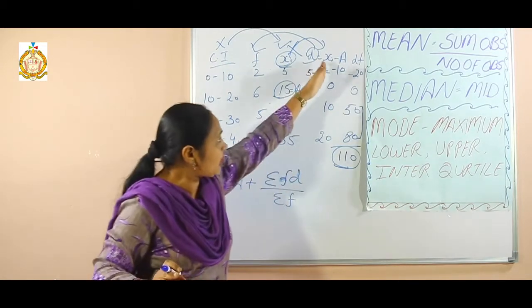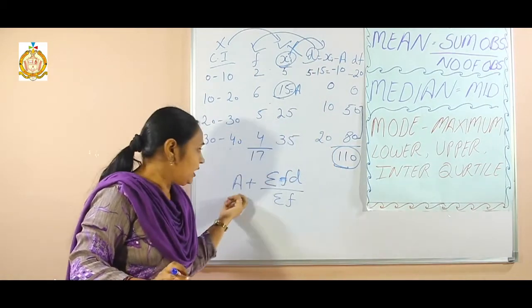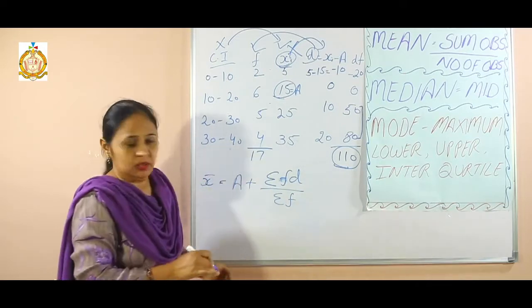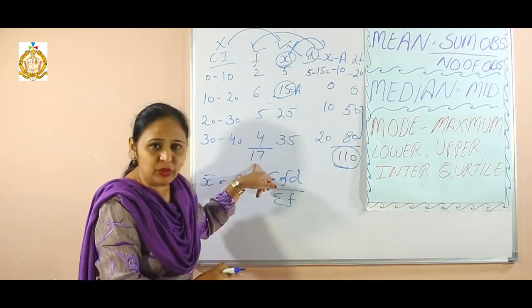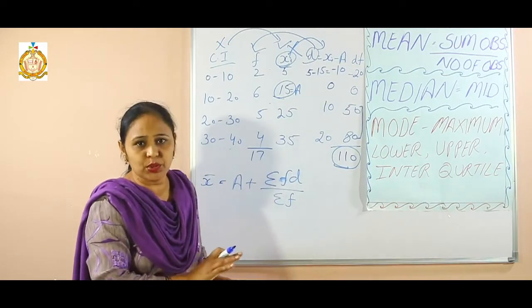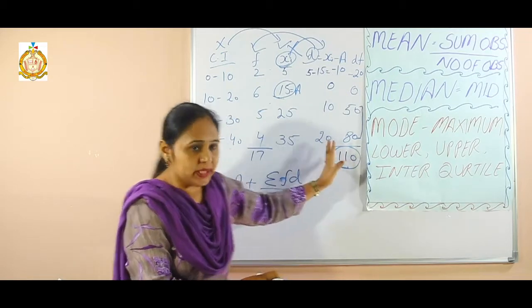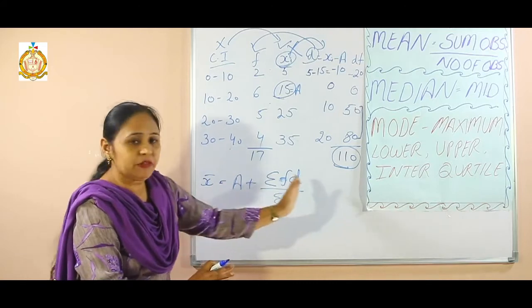That's why, because I subtract A from each number, at the last I have to add the A. Now it becomes the formula of the mean. Summation of multiplication divided by summation of frequency, that we already used. But the new concept is that we subtract A from here, that's why I add A here. Okay, now it becomes the formula of mean.